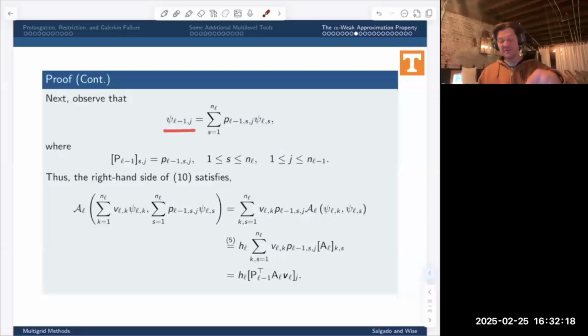So any basis function in BL minus 1 can be expanded in the basis from VL, which is called BL.